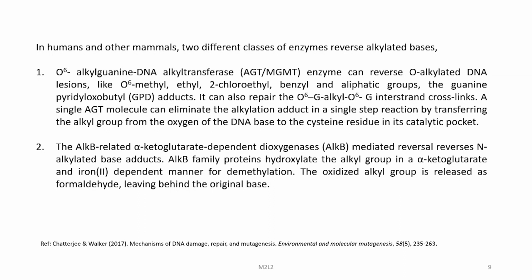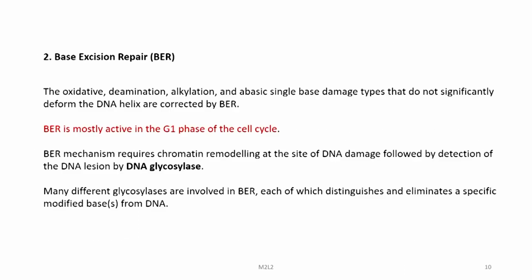ALKB family proteins hydroxylate an alkyl group in an alpha-ketoglutarate and iron II dependent manner for demethylation. The oxidized alkyl group is released as formaldehyde, leaving behind the original base.